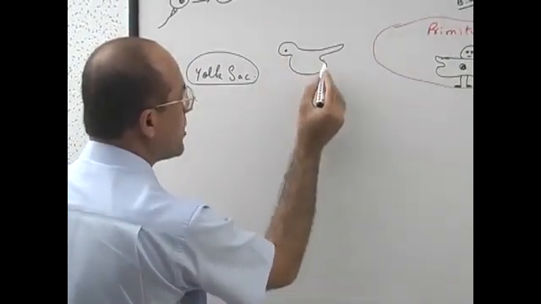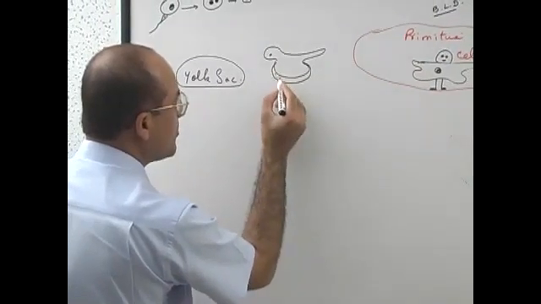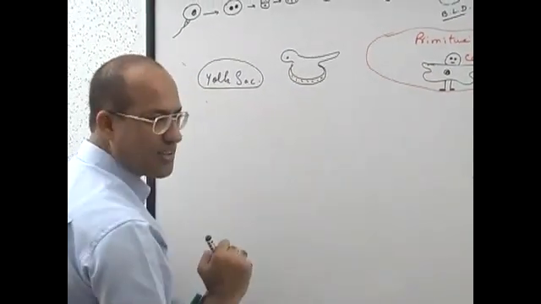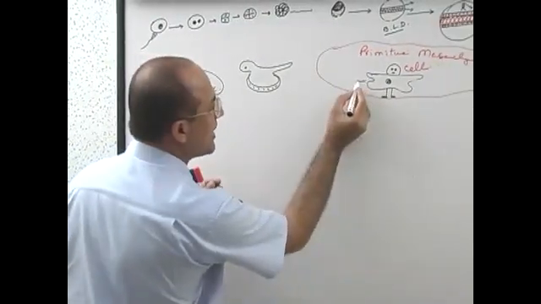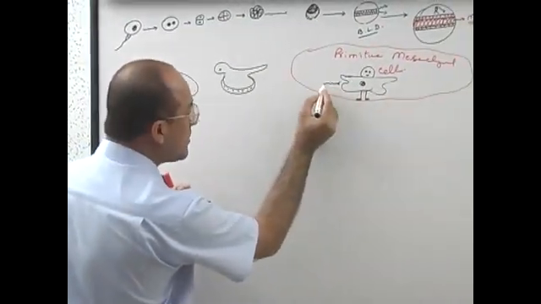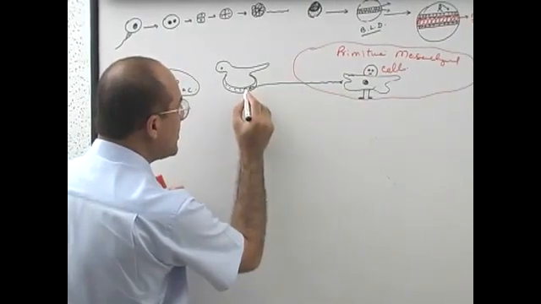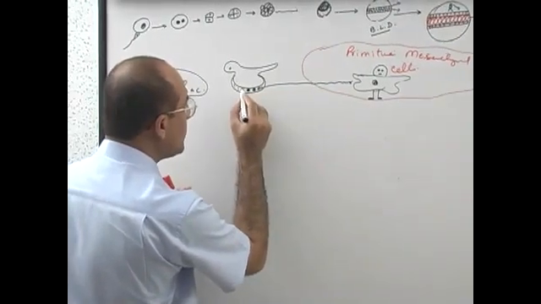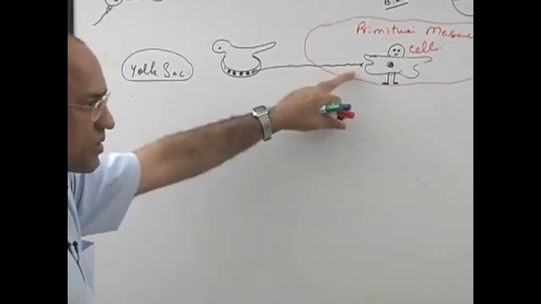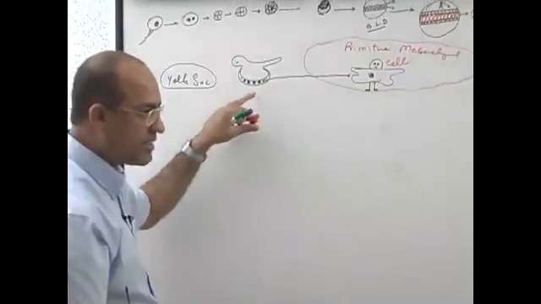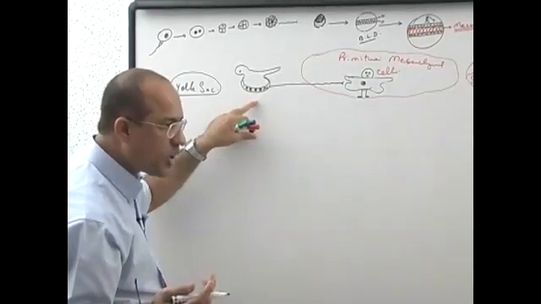Okay, this is the embryo developing. This pocket is called the yolk sac. Some of the primitive mesenchymal cells are present in the yolk sac.